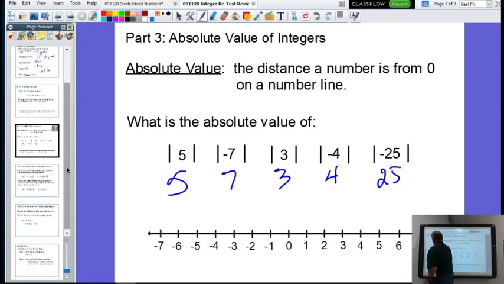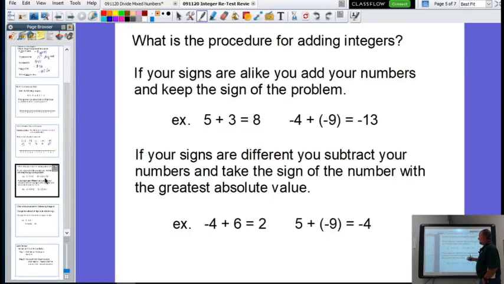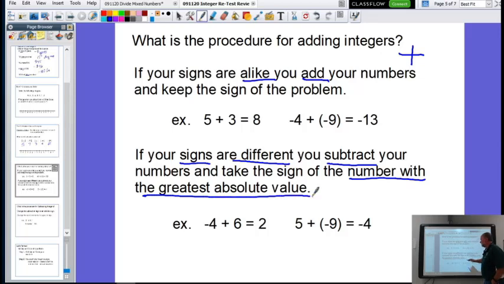Then we move to addition. How do I know that that's going to be an addition problem? Well, there's going to be a plus in the middle of the problem. If there's a plus in the middle of the problem, we have two steps. If our signs are alike, positive, positive, negative, negative, I'm going to add my numbers and keep the sign of the problem. If my signs are different, one's positive, one's negative, then I'm going to subtract my numbers and take the sign of the number with the greatest absolute value.